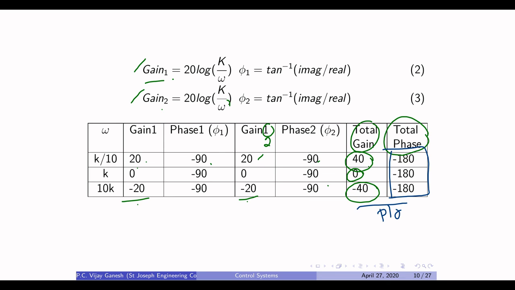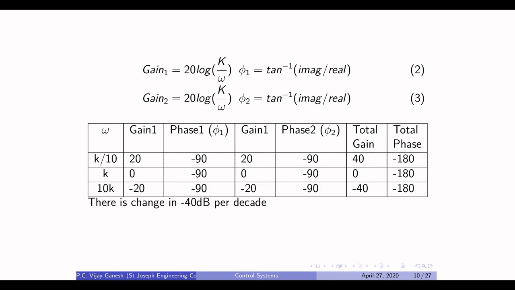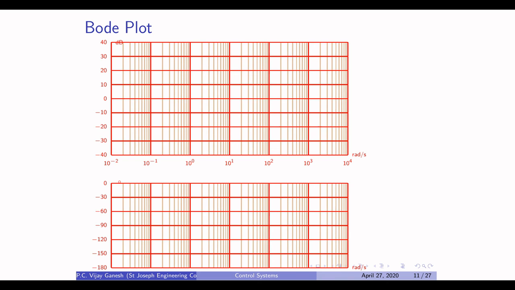If we try to plot the final two values in a Bode plot, this is the one we are going to plot. Either you can do it like a table, or you can use the previous formula to find the expression. If you take k divided by 10, then the omega value is 0.1.